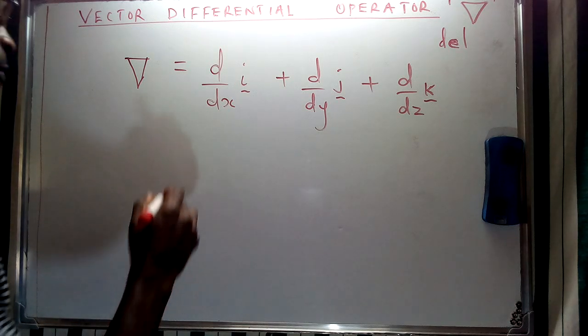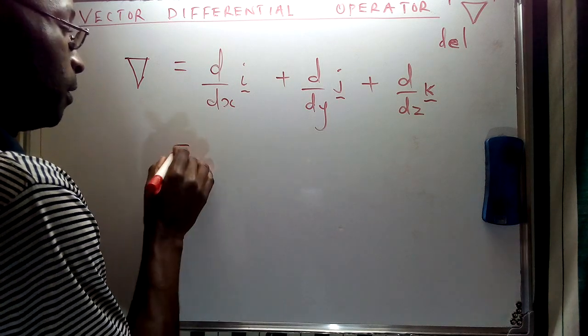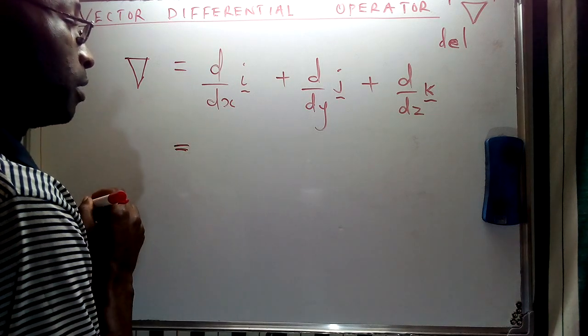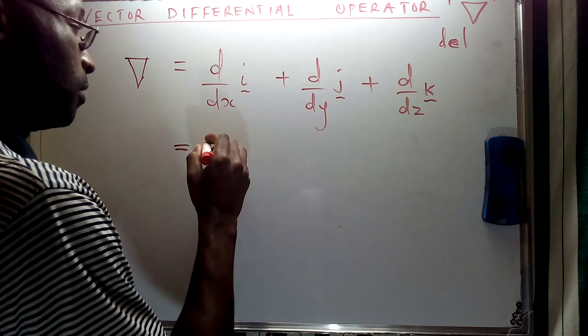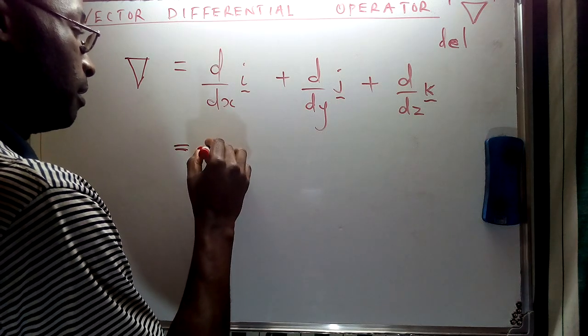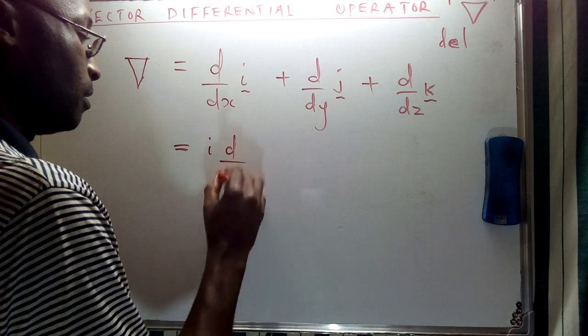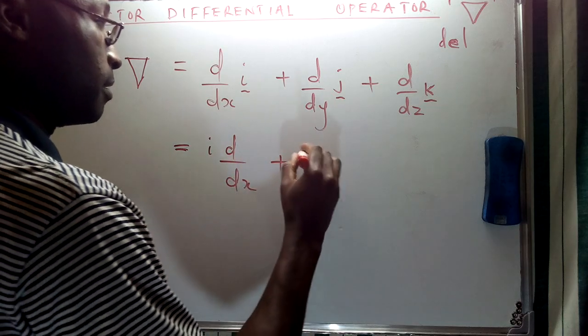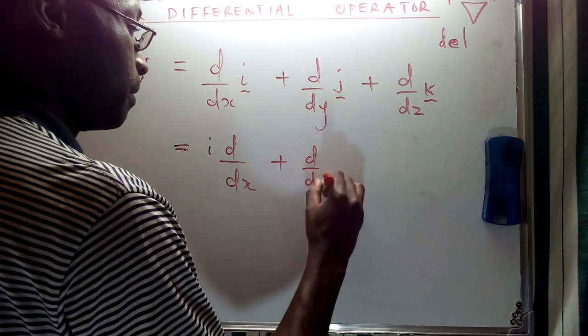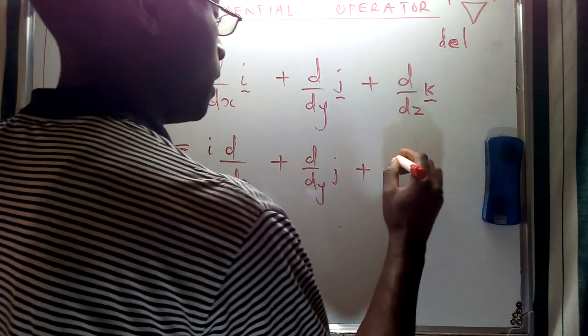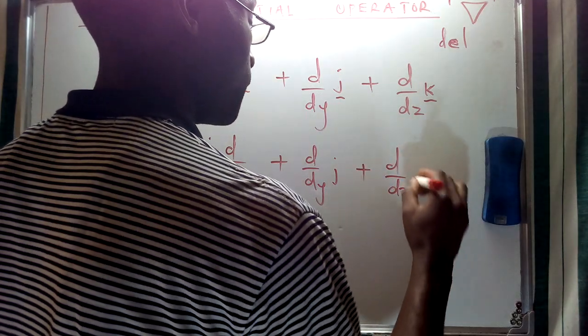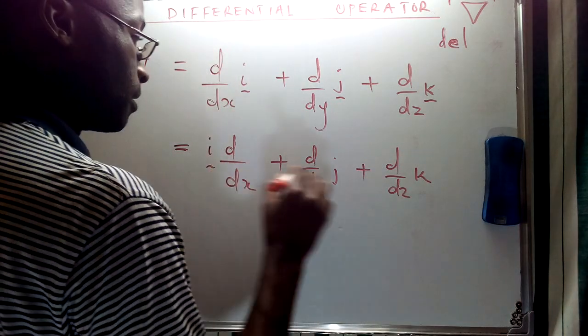So in this specific case, we're going to see that for especially a unit vector, we can give another version of this specific del by writing i d/dx plus j d/dy plus k d/dz, and these are vectors.